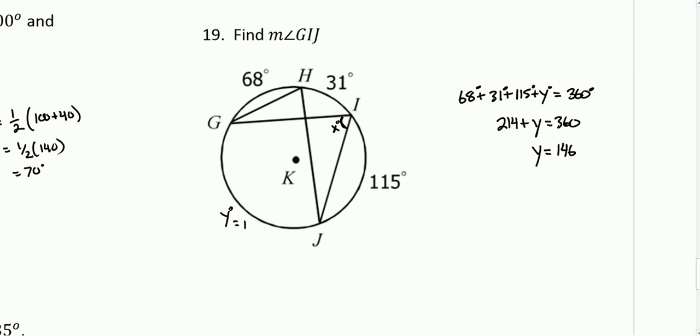So that's 146 degrees there. That arc is intercepted by angle X, which is an inscribed angle. So angle X is 1/2 of the 146, which is 73 degrees. And that's what we were after here.